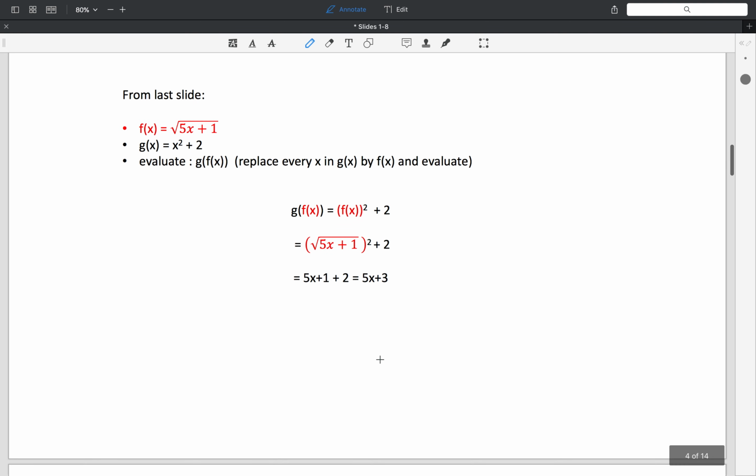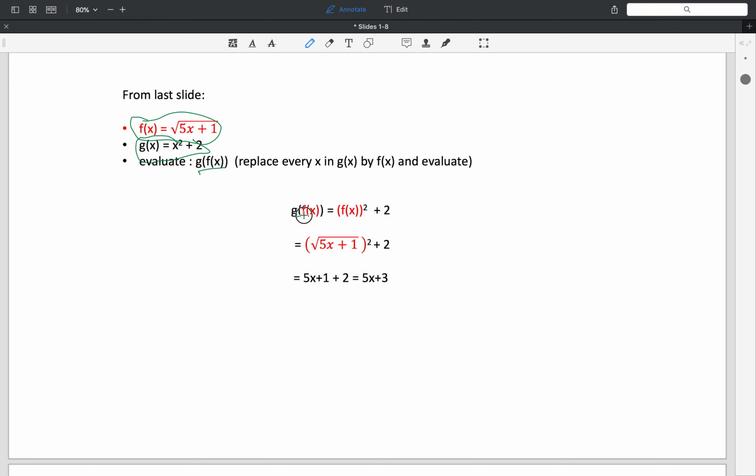So that's where we were. We had that verbal process, and then this was the first step, and then this was the second step, the squaring and the adding 2. Now I said we want to evaluate this, so I want to explain what this notation means. Basically it says replace every x in g of x by f of x, and then evaluate.